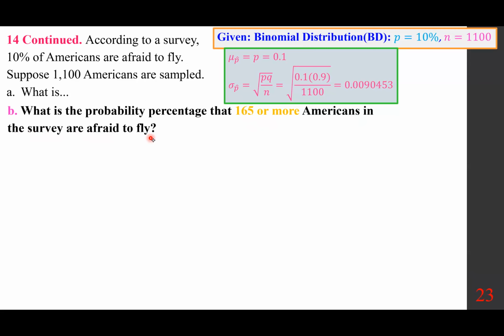P hat is x over n, which makes it 165 over 1100, or 0.15. And we want the probability of p hat larger than or equal to 0.15.